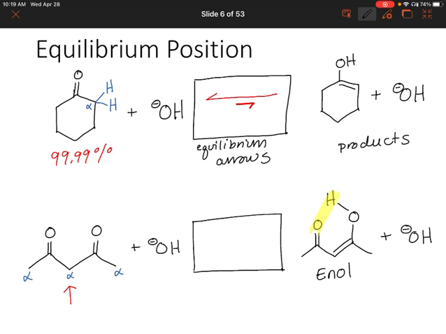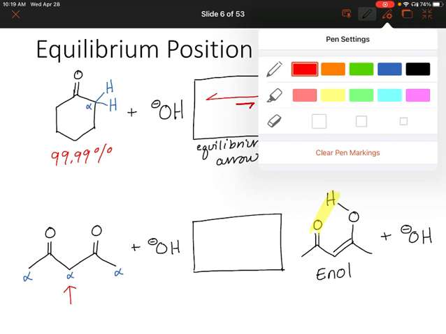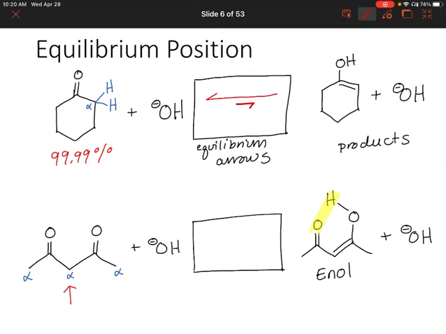The enol. So if we were able to perform this in the lab, we would find that the ketone makes up about 10 to 30% of our mixture at the end, and then the enol makes up about 70 to 90% of our mixture.